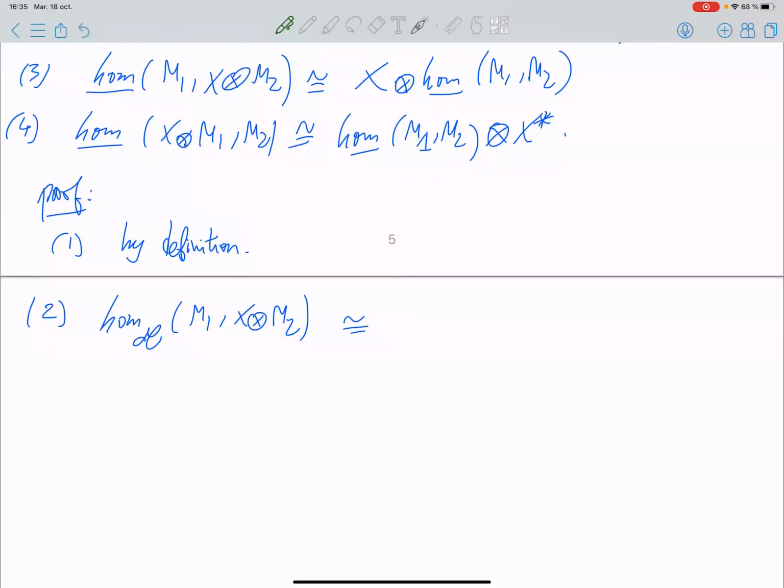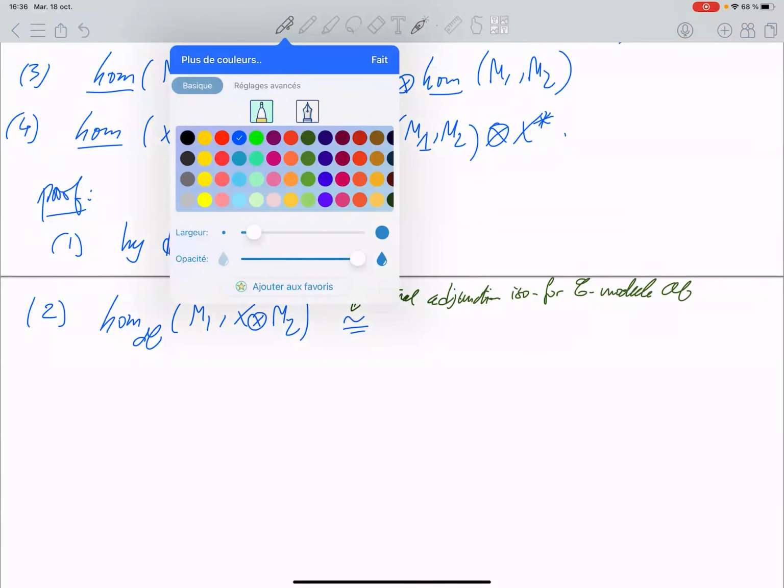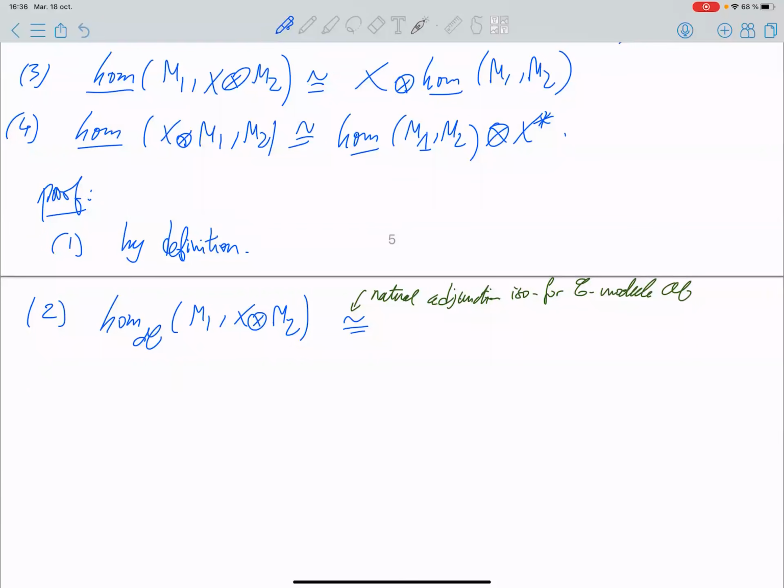You have the natural adjunction isomorphism for C-module M. So you get that you can move X on the left by putting the dual.